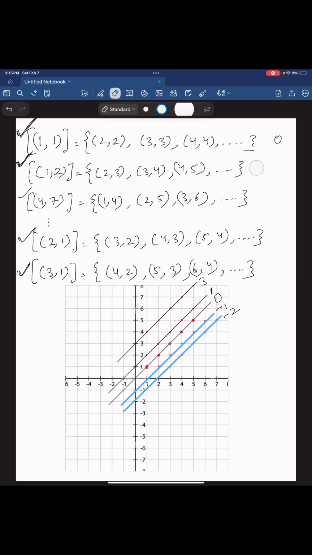Let me use the correct way. This represents 1, this represents 2, this represents -1, this represents -2. So these equivalence classes are nothing but the integers. How crazy is this?